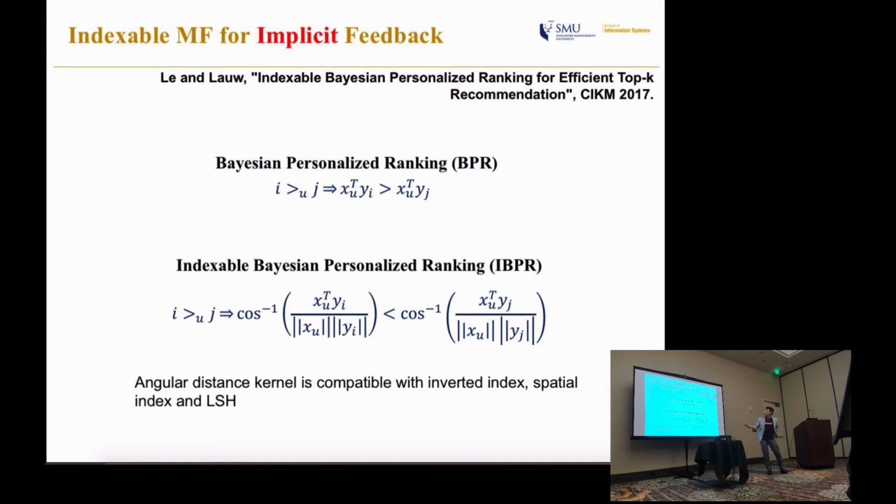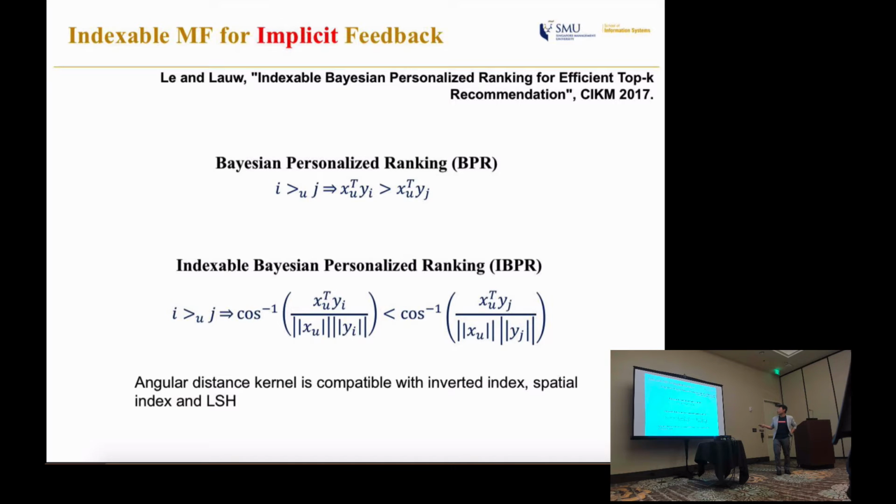Now here, instead of using the inner product, what we are going to be comparing is the angular distance. So in this case, we take the cosine similarity, the inverse cosine will then be the angular distance itself. We make sure that angular distance is going to be smaller for an item the user U prefers than for another item J, the user U prefers less.